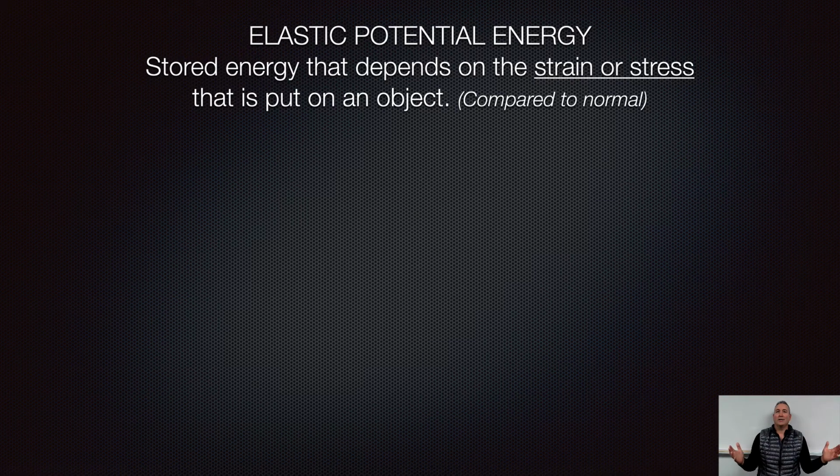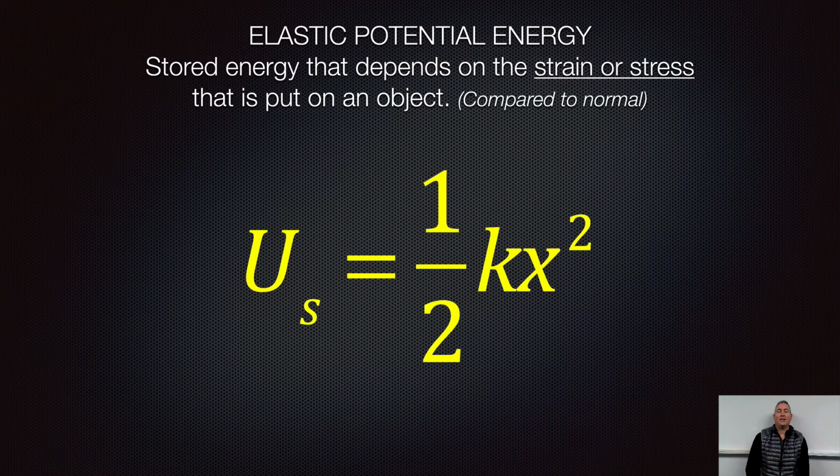Elastic means retaining its shape. It doesn't mean stretchy, it just means retaining its shape. So when something is stressed or strained beyond its normal shape, it has elastic potential energy. So anything that is not in its normal state, when it's stretched, stressed, strained, bent, and it's going to spring back, anything like that has elastic potential energy. And when that energy is released, it changes into a different type of energy.